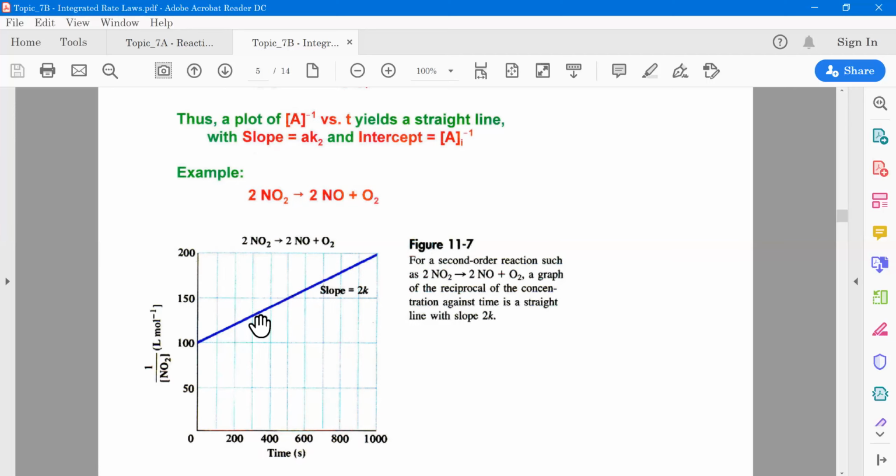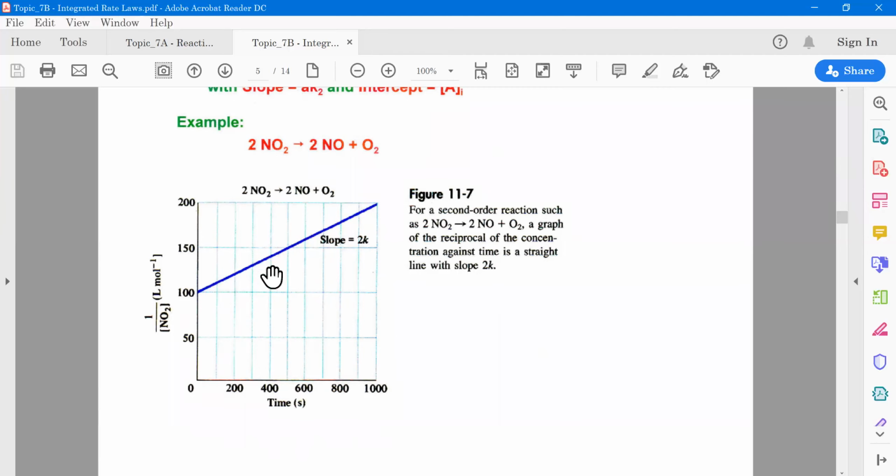And we indeed get a straight line with a slope, in this case, that's 2k, because this little a value is now 2 for this particular reaction. So the rate constant would be the slope divided by 2. And it demonstrates that the reaction shown here conforms to second order kinetics.